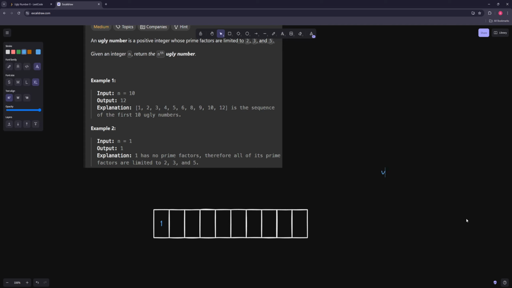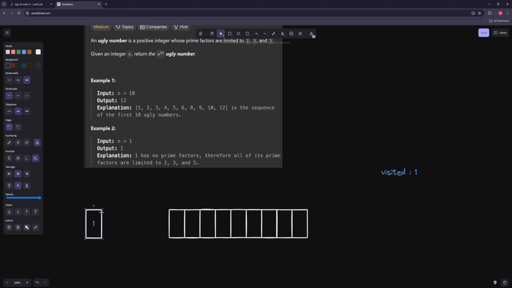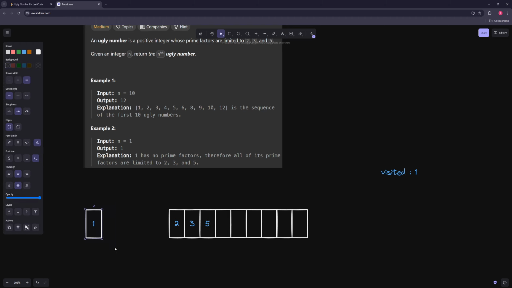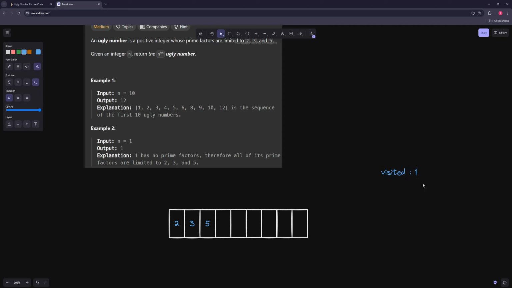Let's walk through that solution. We have a visited set, and we've visited 1. Then we pop the 1 and make 2, 3, and 5. We haven't visited any of those, so we put in 2, 3, 5 and add them to the visited set.